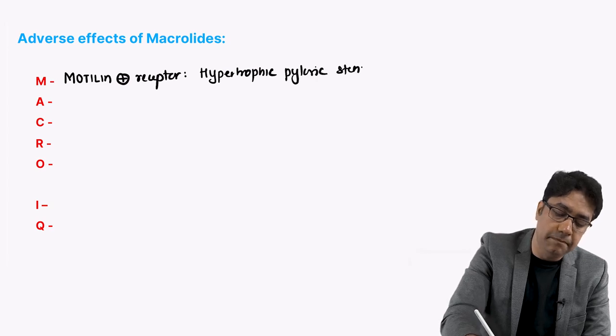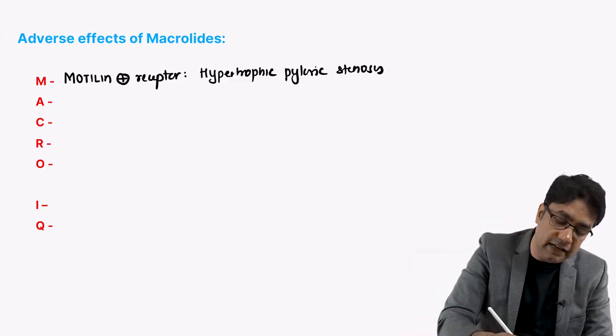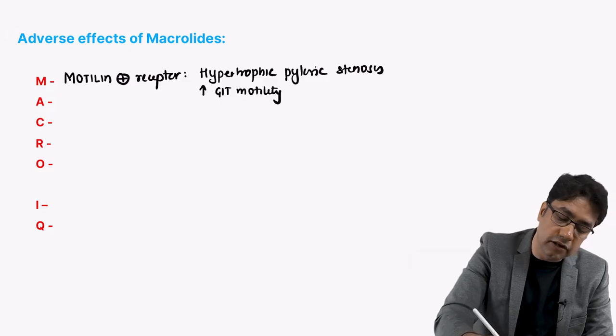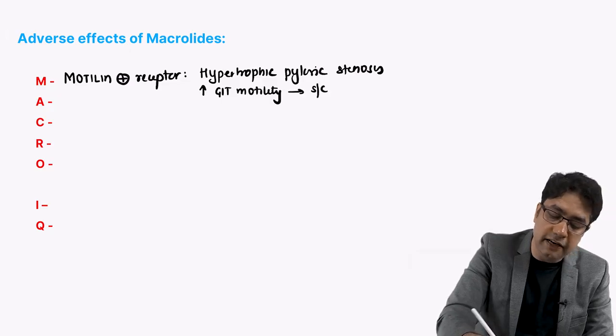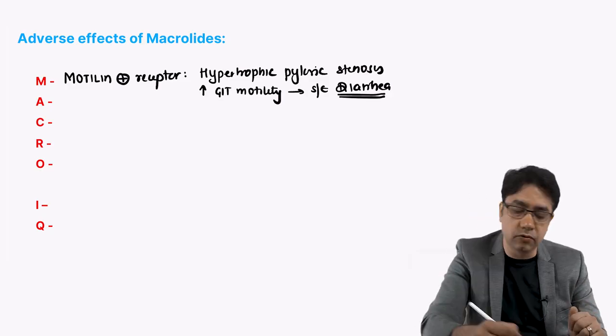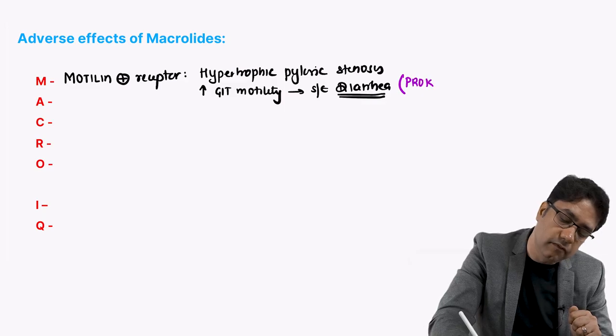And because they stimulate motilin receptors, erythromycin-like drugs will increase GIT motility. Because they increase GIT motility, they can cause a side effect of diarrhea. So this effect is sometimes known as the prokinetic effect. Pro means increasing GIT motility.